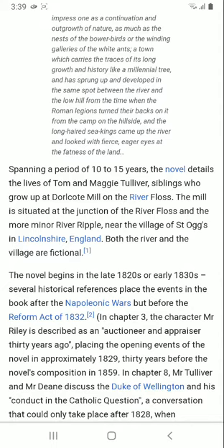The mill is situated at the junction of the river Floss and the more minor river Ripple near the village of St. Ox in Lincolnshire, England. Both the river and the village are fictional place. There is no such place.